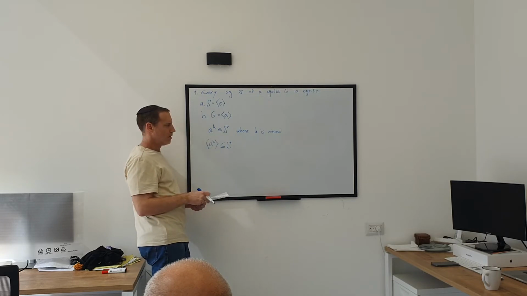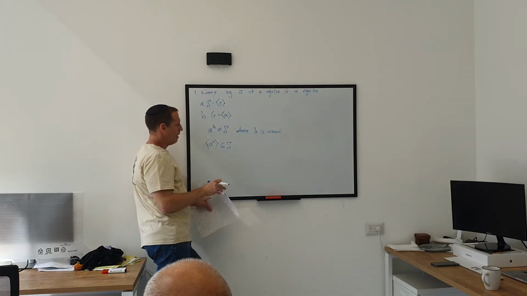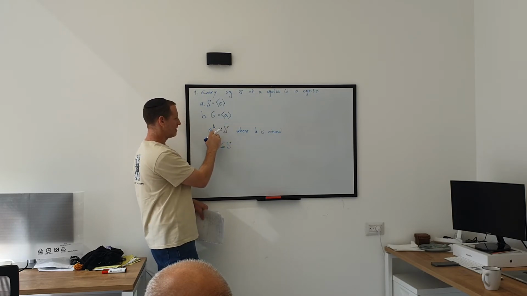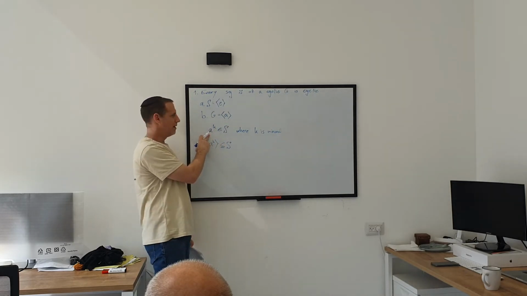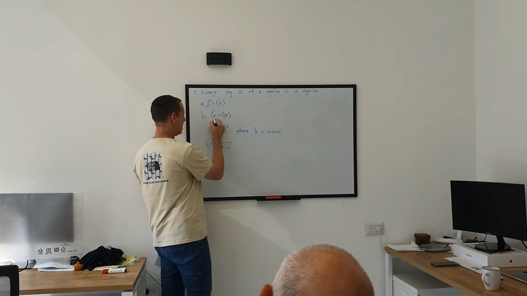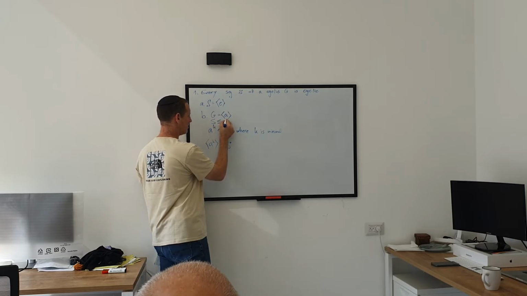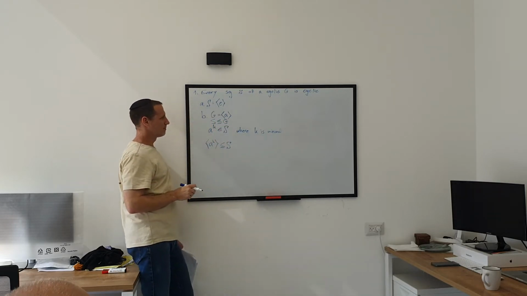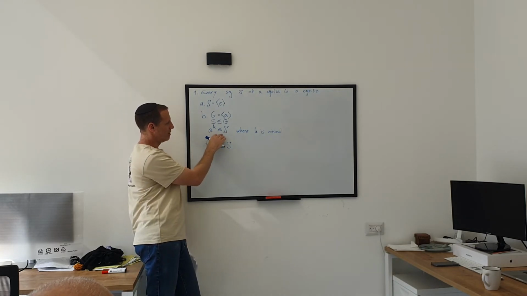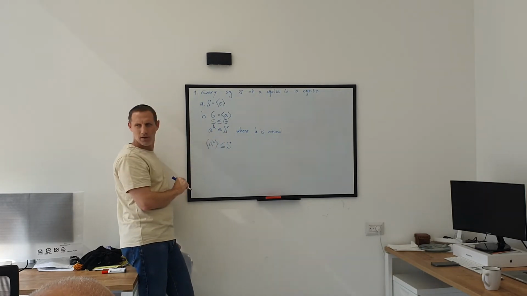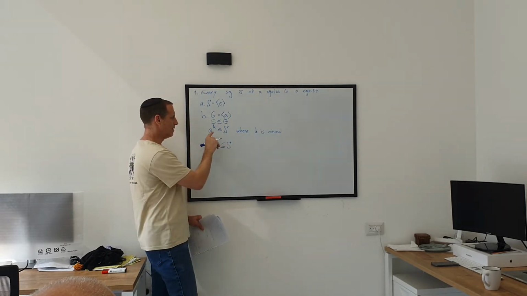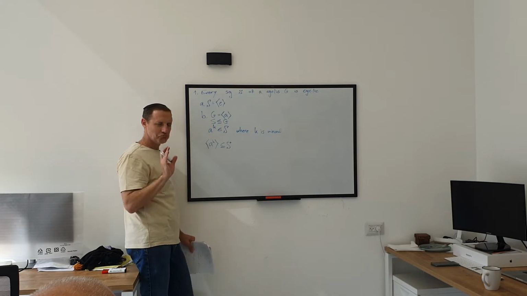What do you mean by K is minimal? I mean all the elements of S are powers of A, right? Because S is a subgroup of G. So you can define all the elements in S as powers of A. I want you to go through all the elements and find the one where K is minimal.